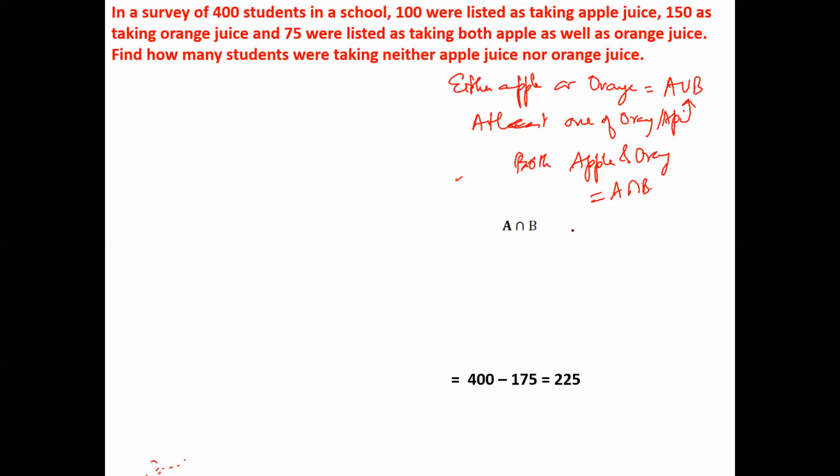Neither, there is something called a complement. Already we have seen. A dash is what is there in the universal set, not in A. This is A dash. Elements in universal set, not in A. Elements not in A, but present in universal set.